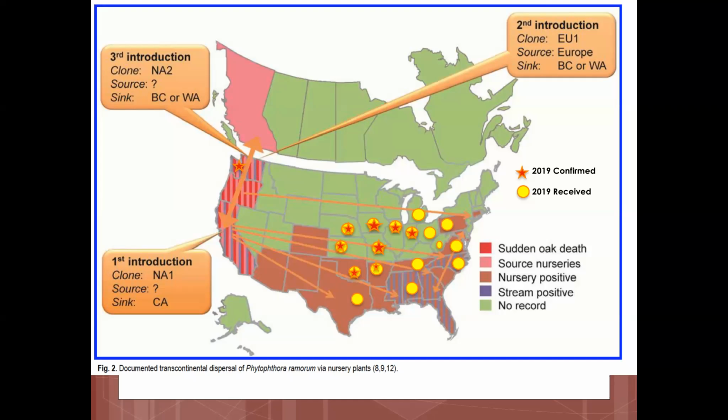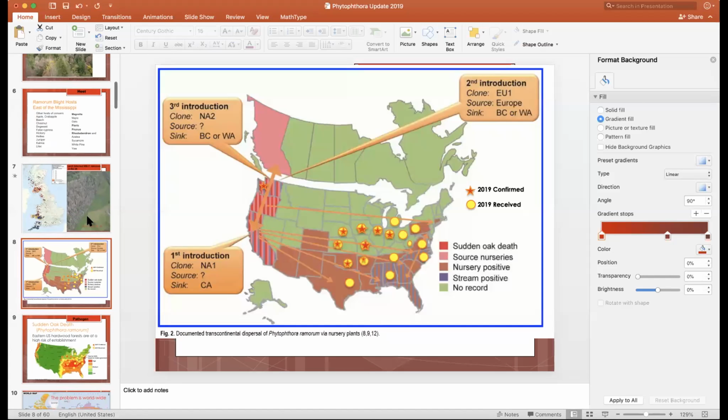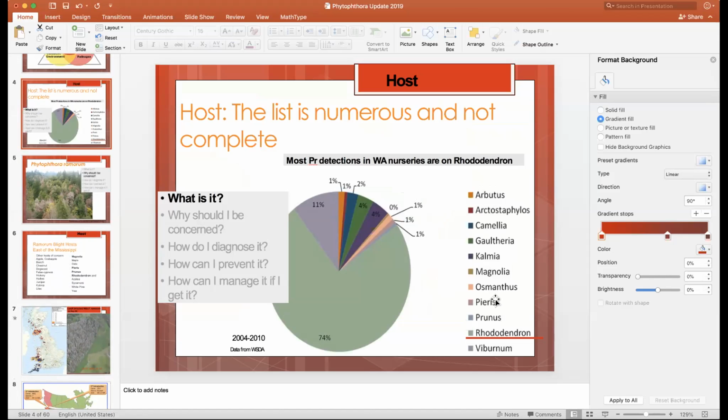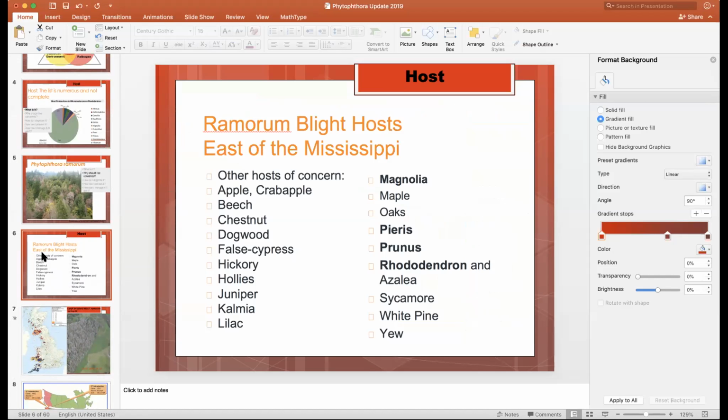I have a person who said he came in late, and asked, did you have a slide on non-oak hosts? Yes, I did. This would be the big list from the West Coast, but here on the East Coast, we don't grow osmanthus or arctostaphylos too much, and in the South they grow camellia.